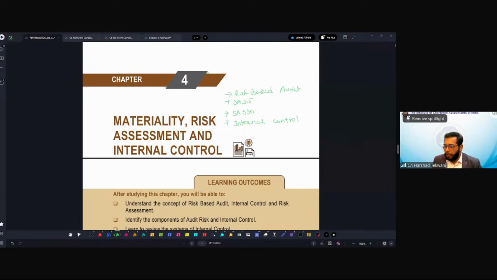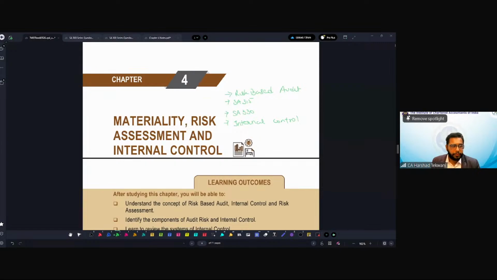You already know what is risk. Can anyone tell me what is risk? What do you think about when the term risk comes to your mind?